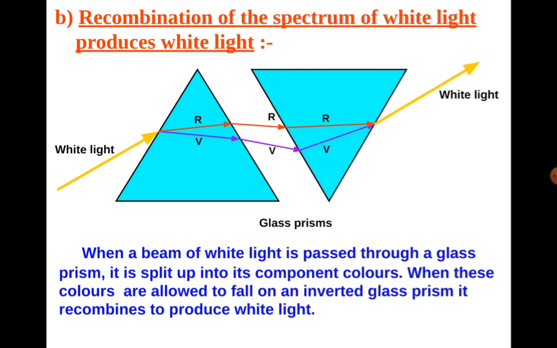It is because the first prism dispersed the white light into 7 colors, and the first phase of the second prism deviates the dispersed colors, that is the 7 colors, towards its base, such that all the colors while passing through the other phase of the second prism recombine to form the white light after refraction. This is what is happening here.